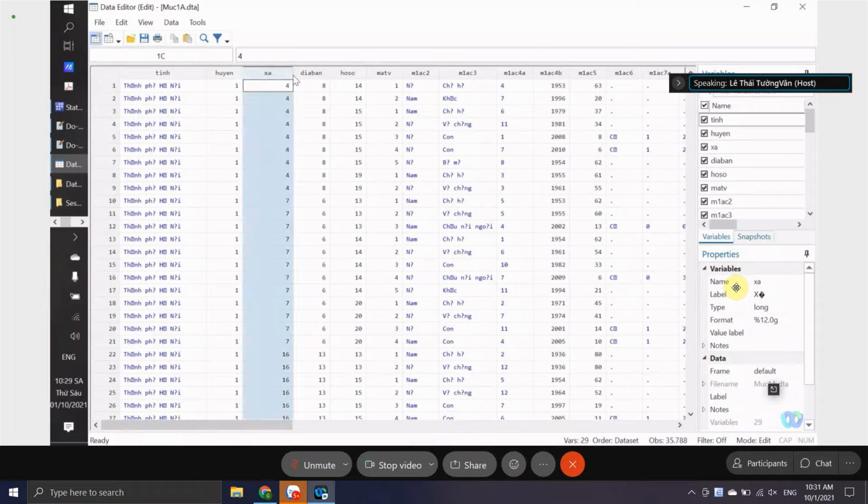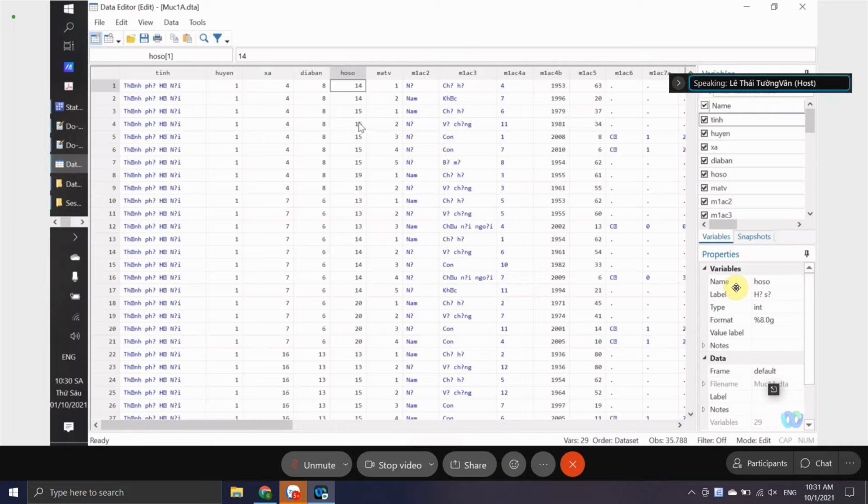And within one commune, you would have the địa bàn, here it is the thôn or xóm, and so on. Within the village, you have maybe tổ dân phố, right? And within that one, you have the hộ số. That's the household identifying number.